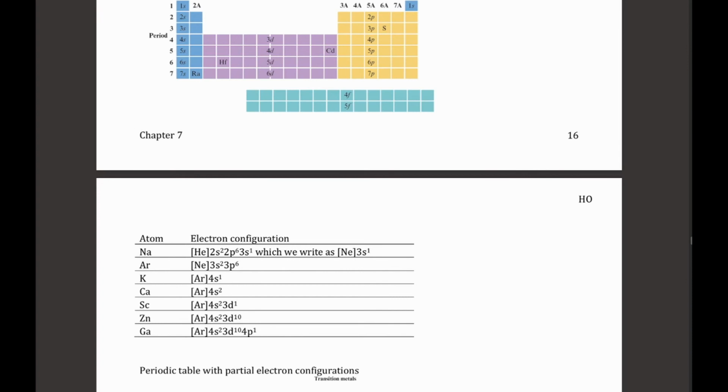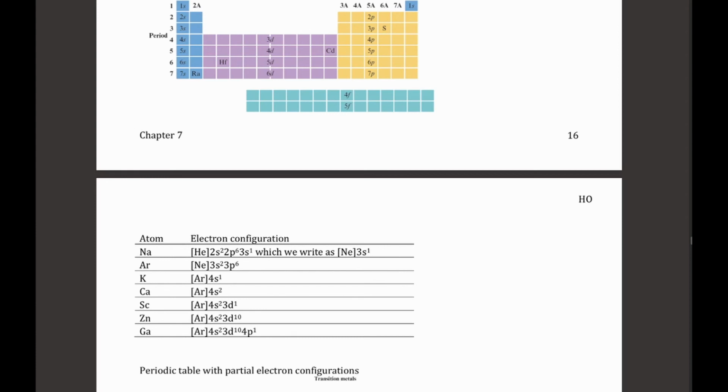Also notice there's a change in the periodic table in that diagram from purple to the yellow ones. All the purple section, we call the D block. All the yellow section we call the P block. The blue section, the S block. Go down below to the green block, we call that the F block, because that's where we first start getting into the F elements.